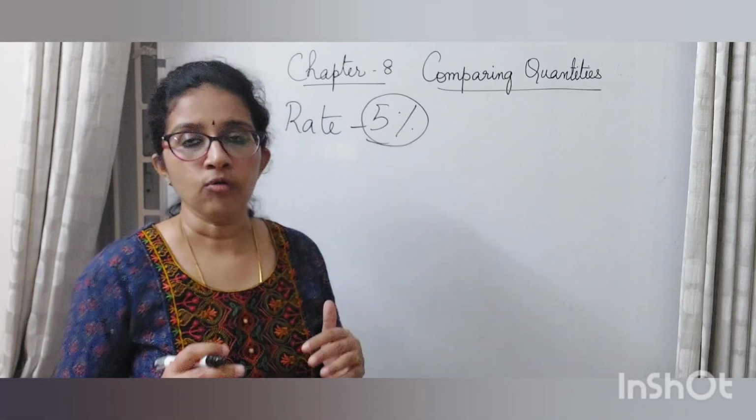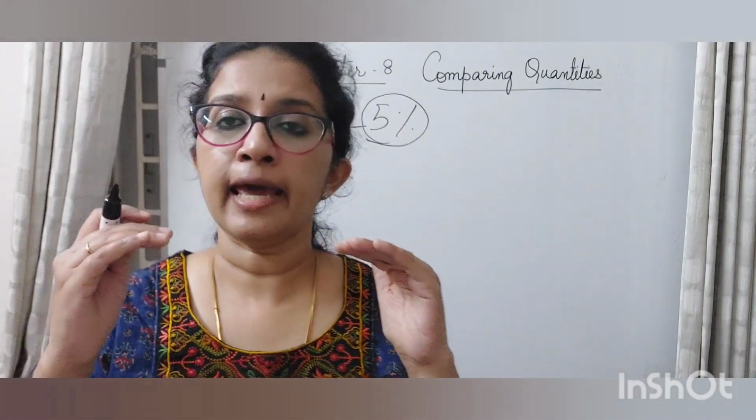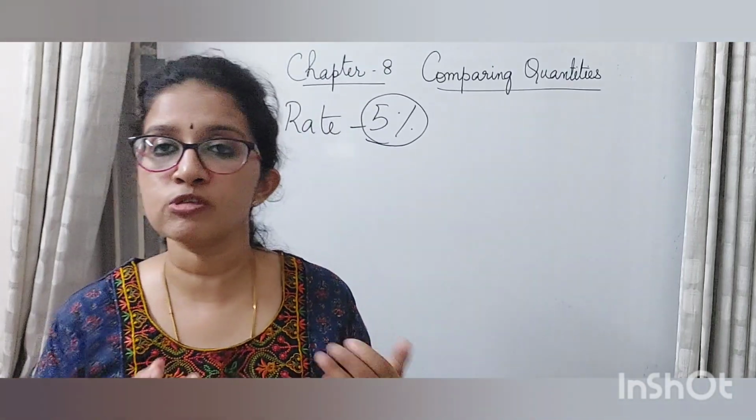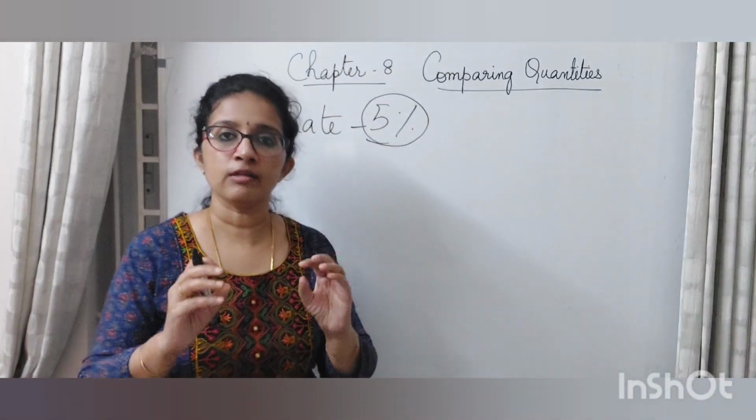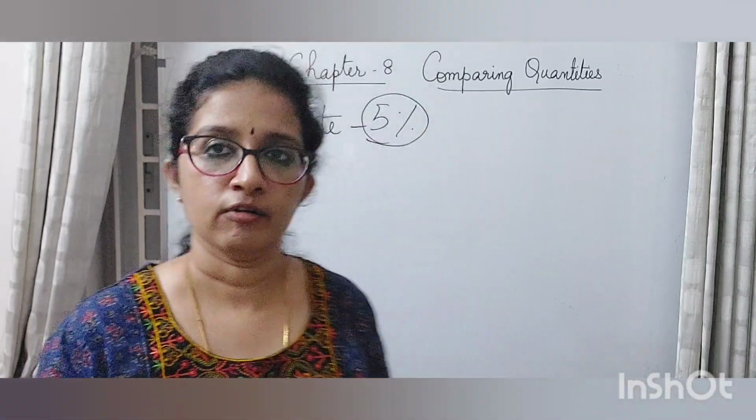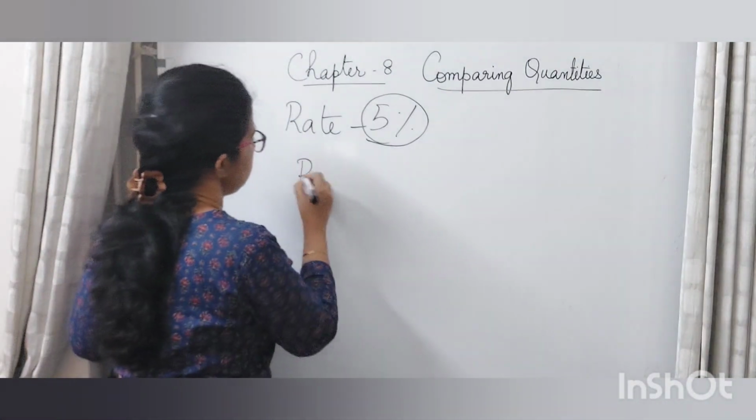Now the amount which we are taking from the bank, for example 1000 rupees which we have seen in our example, that amount is called the principal amount.